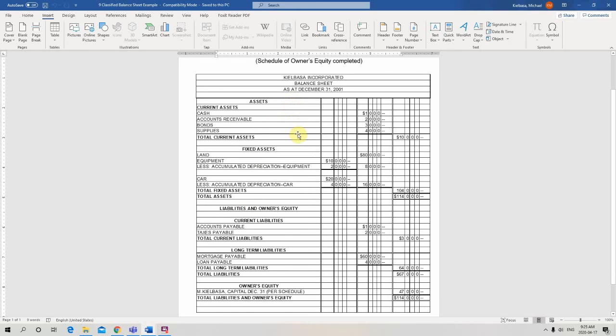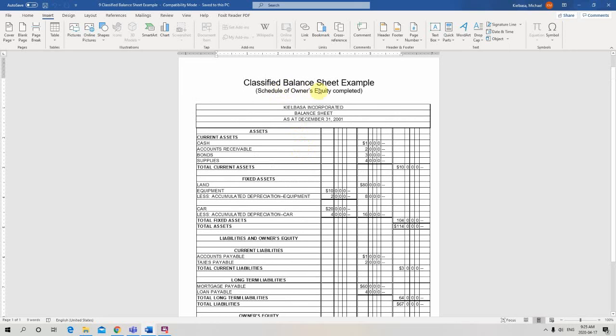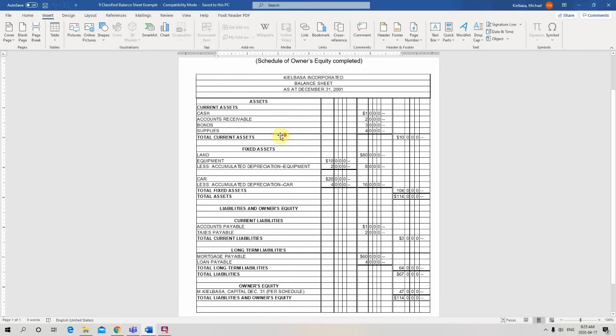Now, in this particular example, you'll notice that a schedule of owner's equity was completed. Okay, so that means that my owner's equity section on my balance sheet is only going to be one line long because the full owner's equity has been calculated elsewhere. So if you look at this example, you'll notice that owner's equity is only one line long.